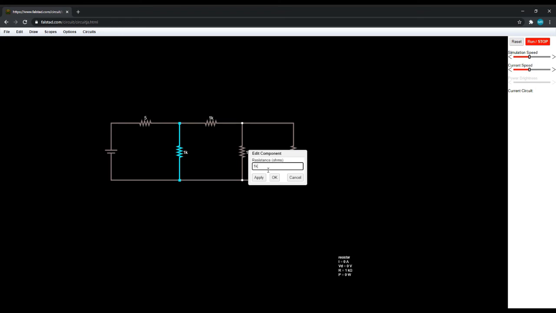We change the R2 to 20 ohm, 5 ohm for R3, 15 for R4, and lastly 10 ohm for R5. And the circuit is complete, and click run.